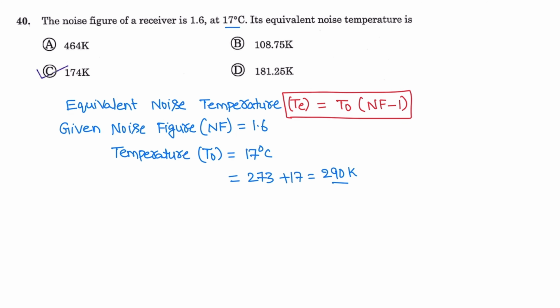Therefore equivalent noise temperature T = 290 × (1.6 − 1). So that is 290 into 0.6, its value is 174 Kelvin. So equivalent noise temperature T is 174 Kelvin. So correct option is C.